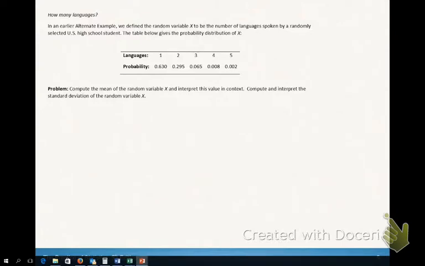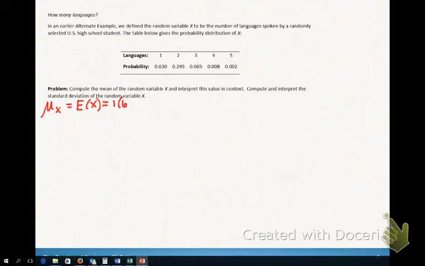So first we're going to find the mean, or the expected value. Taking our table, if we want to find the mean sub x, or the expected value of x, we take each value, each language for x, and multiply by the probability.